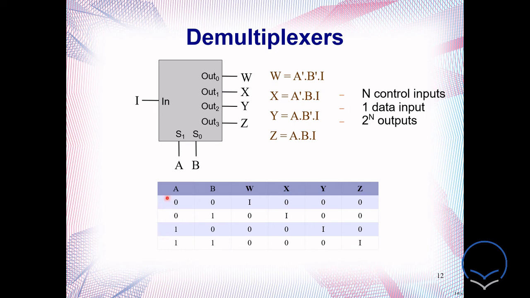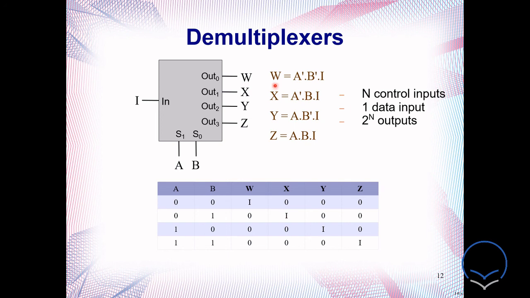Whenever the input is 0 0, I is connected to output 0 or W. Whenever 0 1, I is connected to X. 1 0 is connected to Y and 1 1 to Z. So this is the truth table.